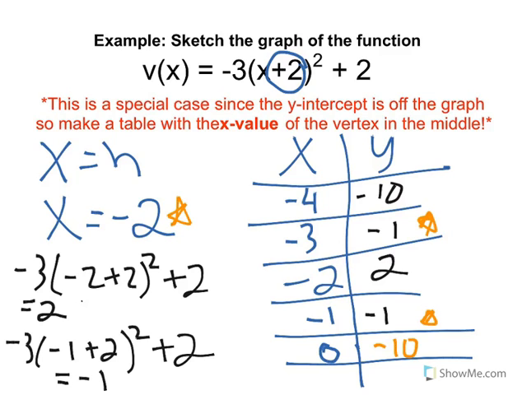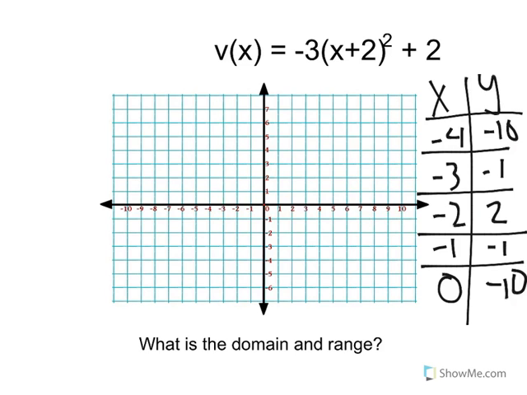So now that we have our table, we can graph our function. So I've got the table over here for our function. Remember that our axis of symmetry was x equals -2. So going to -2, drawing that axis of symmetry. So let's plot some points. -4, -10 is not going to fit on this graph, and that's okay because we really only need 3 points to make these parabolas for now.